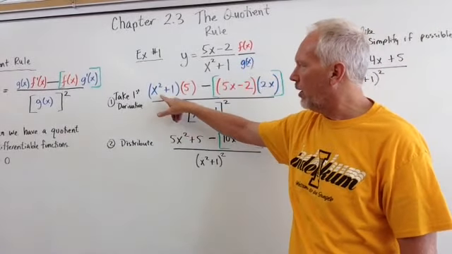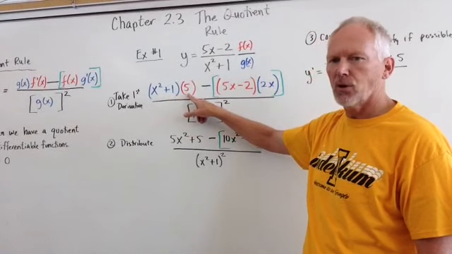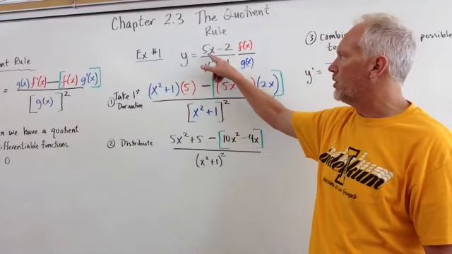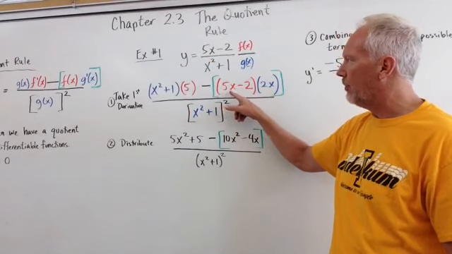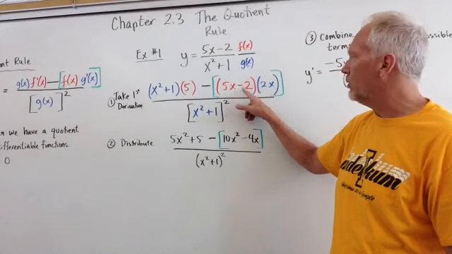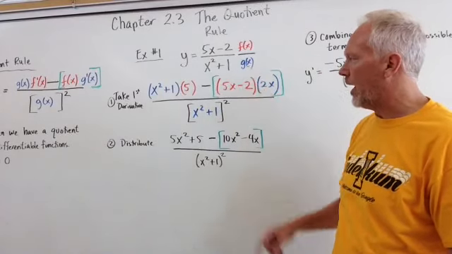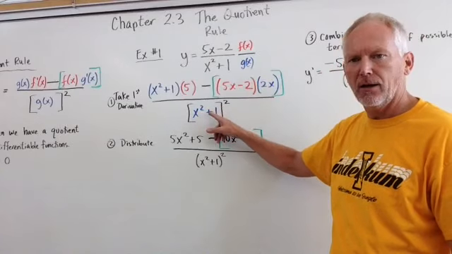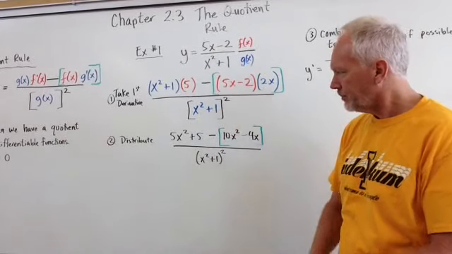Then we have g of x, x squared plus 1, times the derivative of f of x, which is just going to be 5, minus the quantity of f of x, 5x minus 2, times g prime of x, which is 2x, all divided by the quantity of x squared plus 1 squared.